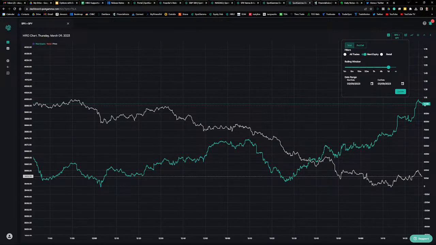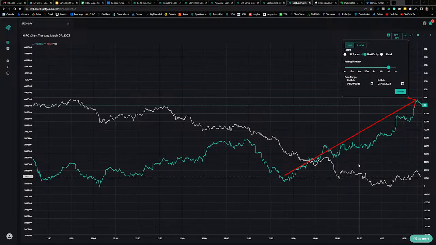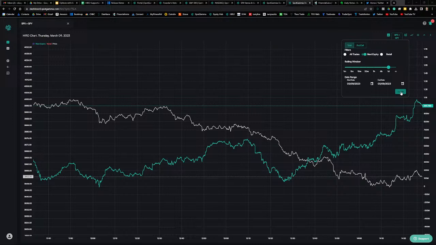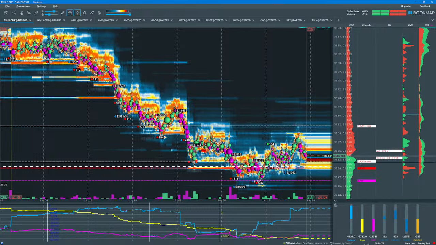So you can see the 0 DTE options traders came in just before 1:30, just before I started, taking positive delta trades. And then price is slowly responding. And again, this is pretty typical. They will pick their levels, and in the case today, this was this cluster of levels at ES 3950, SPX 3950, and then the lower edge of the expected move.